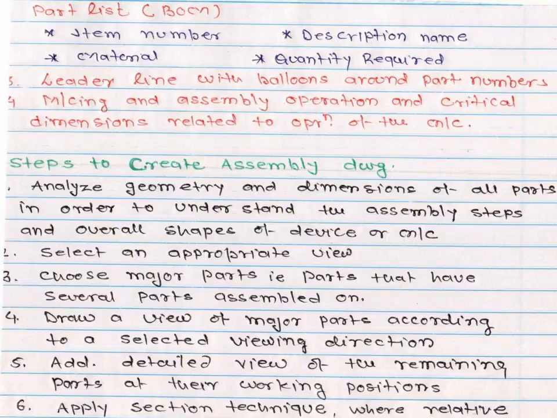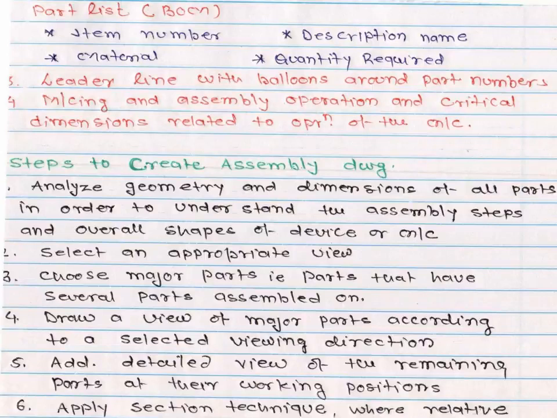Choose major parts, that is, parts that have several parts assembled, meaning a component. Draw a view of the major parts according to the selected viewing directions. Add a detailed view of the remaining parts in their working positions.